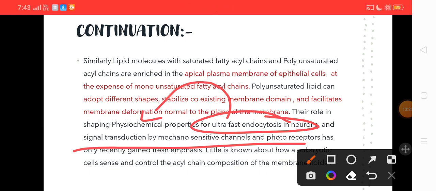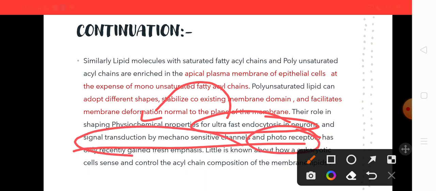That is why in cells which require photoreceptor signal transduction or mechanosensitive channels, you will find an increased amount of polyunsaturation, and where monounsaturated fatty acid is necessary, in that type of cell you may find monounsaturated fatty acid. That is the idea.